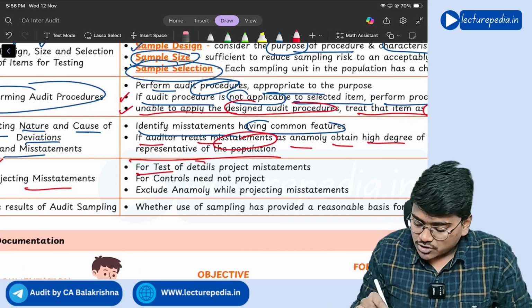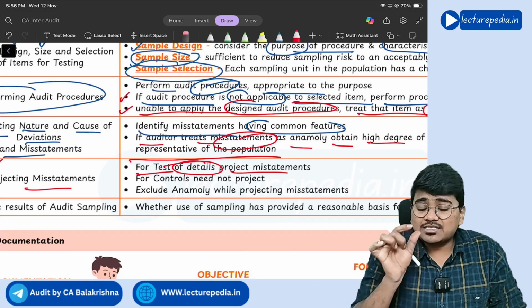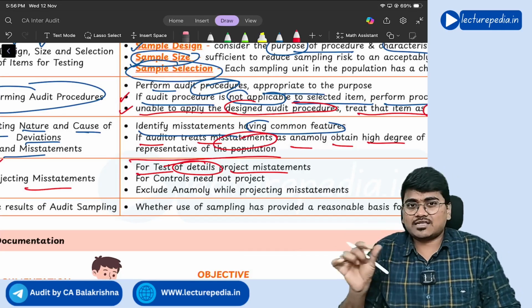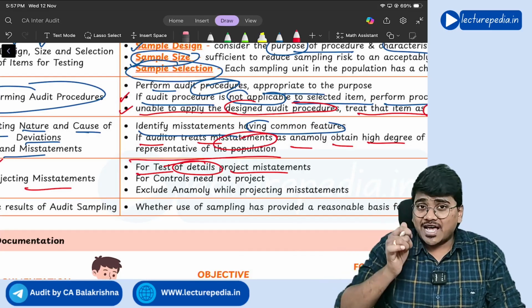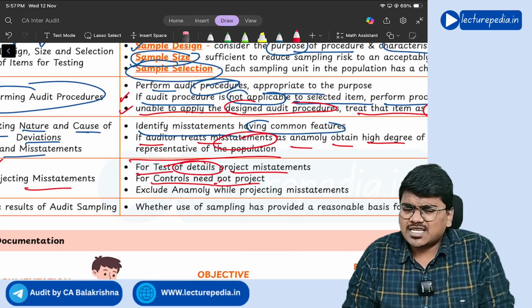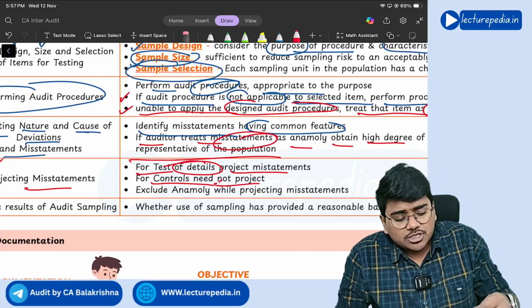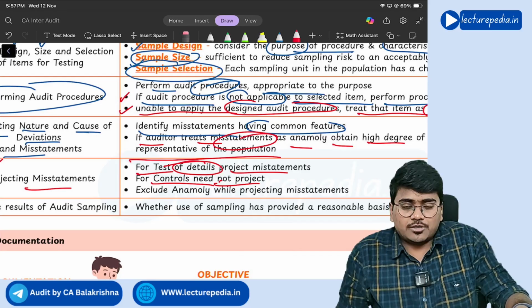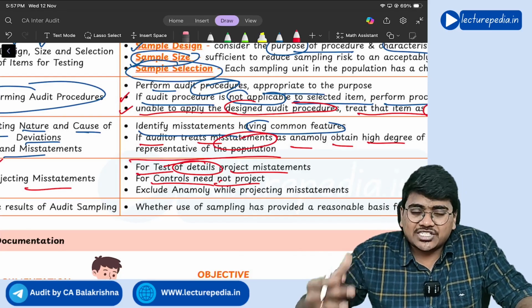So for test of details, project the misstatement. So test of details means account balances and transactions. For that, you will project the misstatements. Whereas with respect to controls, you need not project. See, with respect to amounts, you will call it a misstatement. With respect to control, you will call it a deviation.